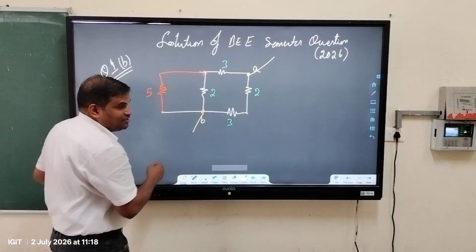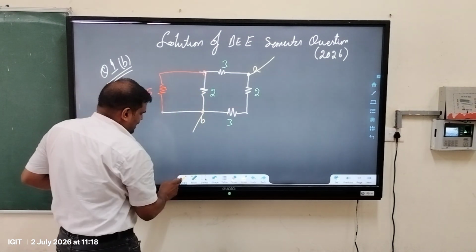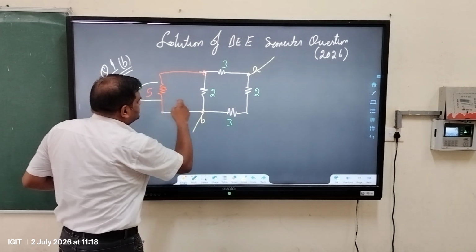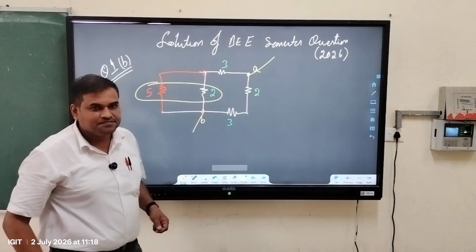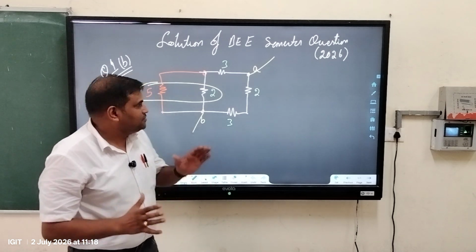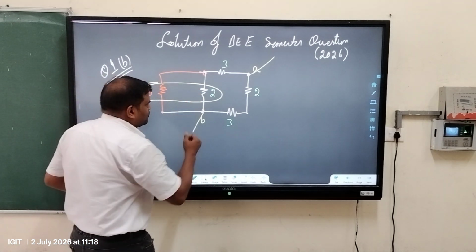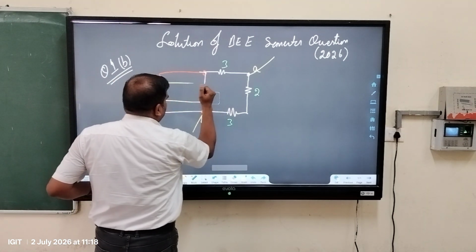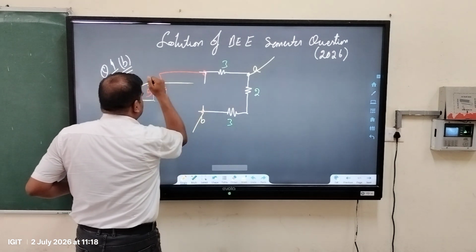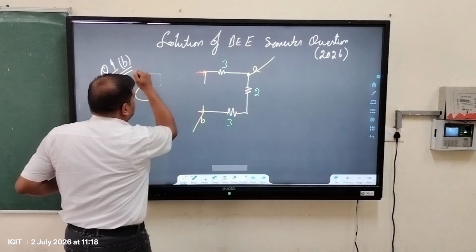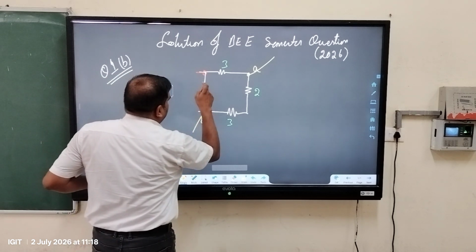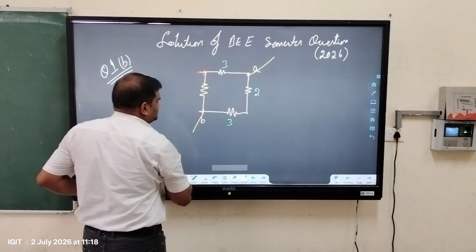If they are sharing the common node, can we say that these two resistors are in parallel? Possible, right? Because these two are sharing the common node. So we will remove these two and write this as a common node they are sharing.